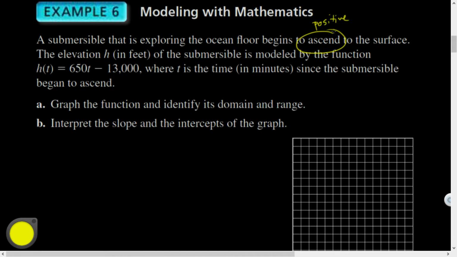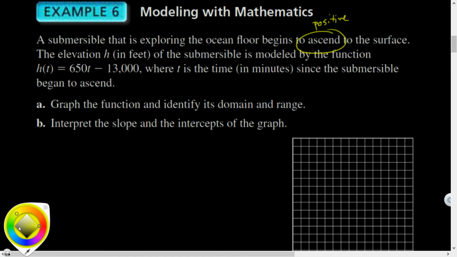It ascends to the surface. The elevation h in feet of the submersible is modeled by the function h of t, the height at any given time, equals 650t minus 13,000, where t is the time in minutes. Since the submersible began to ascend, graph the function, identify its domain and range.